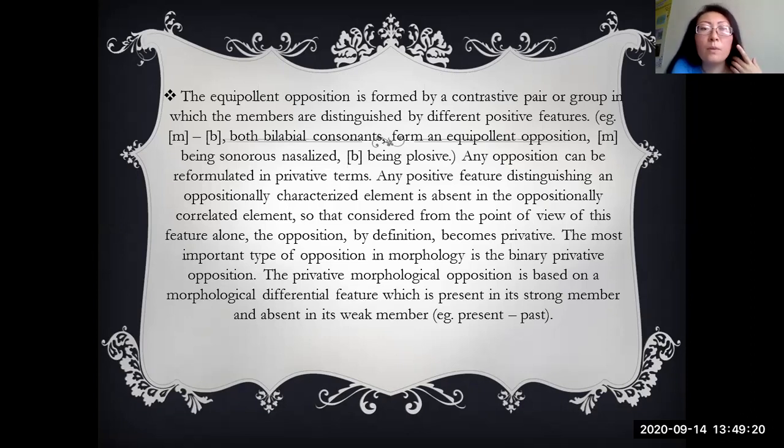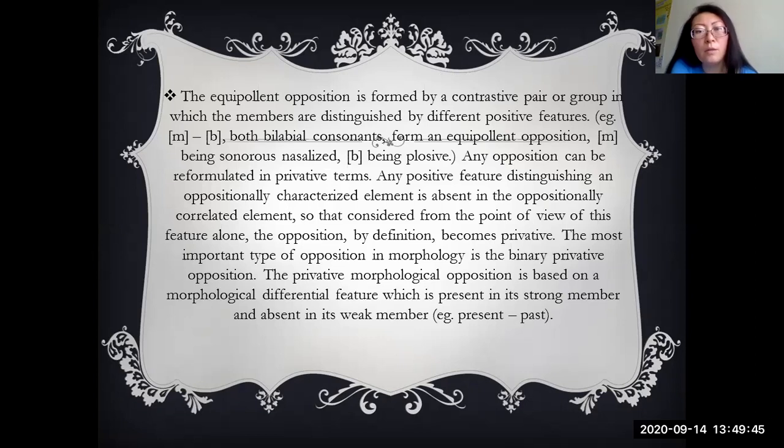Example: m, b, sounds m and b. Both bilabial consonants form an equivalent opposition, m being sonorous, nasalized, and b being plosive.